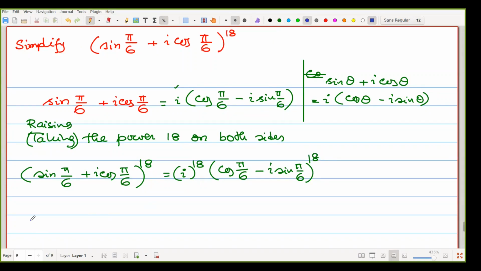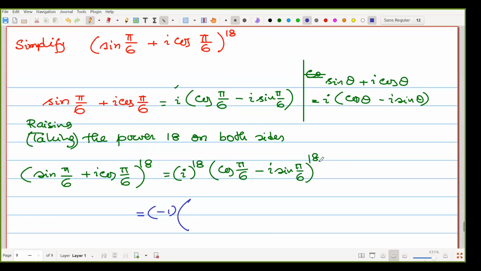Let's check: i to the power even is not always minus 1. i squared is minus 1, i cubed is minus i. But i to the power 18 is minus 1, because 18 is 16 plus 2. That's why.